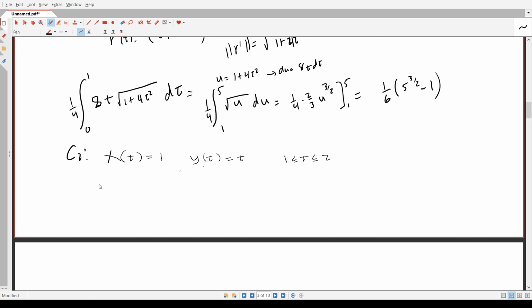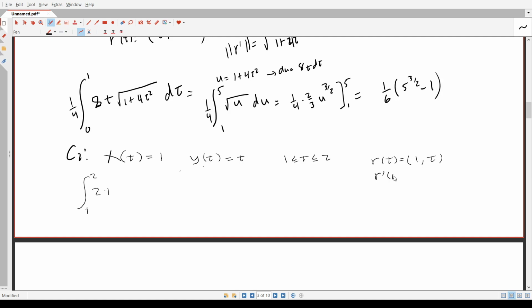Okay, so I can integrate this. So I integrate over C2. So that goes from t equals 1 to 2 of 2x, which is 2. And then I have r of t, which is (1, t).